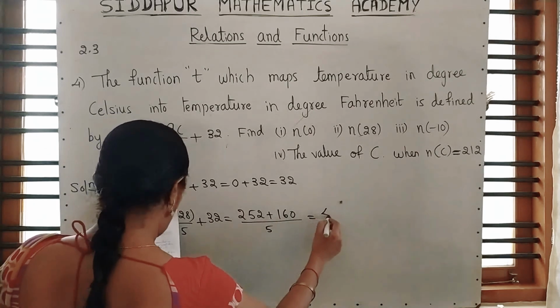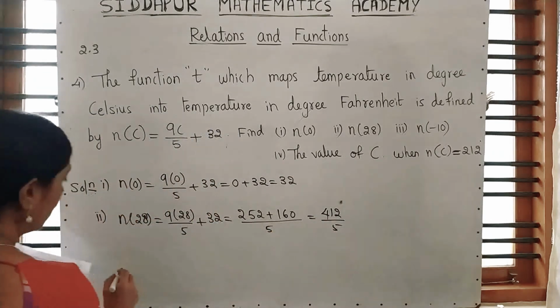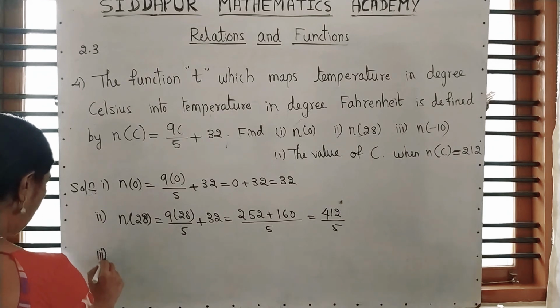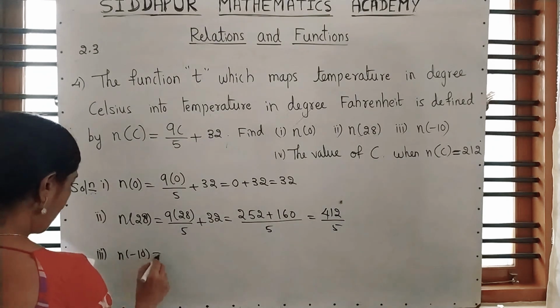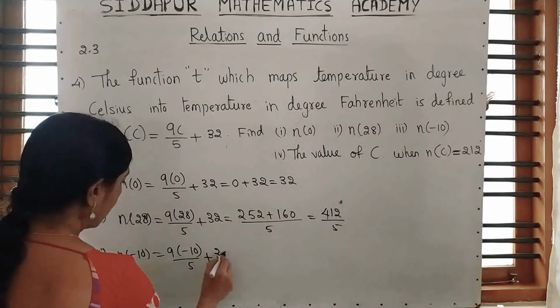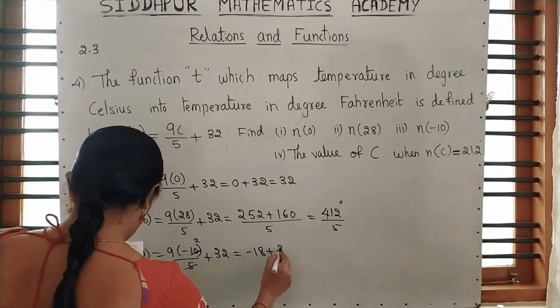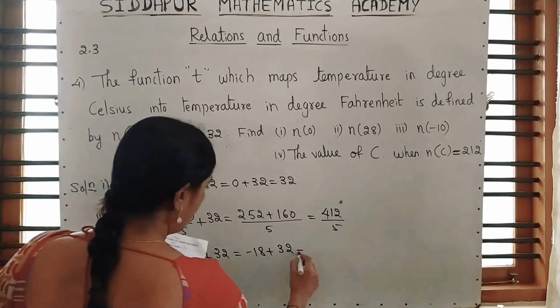Final answer is 412 upon 5. Third one is n of minus 10. In place of c, we have to write minus 10. See, 5 ones are 5, 2, that is minus 18 plus 32, that is 14.